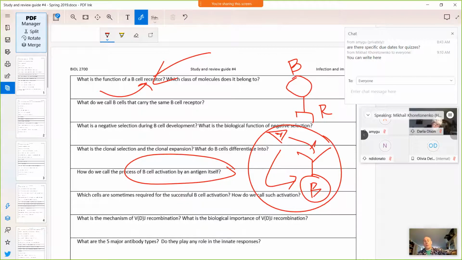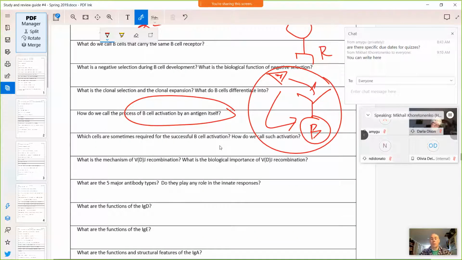VDJ recombination, it's somewhat hard to, well, you have a huge number of antigens, so to have a significant variety of B cell and T cell receptors, what happens is you have basically 4 construction parts, V, D, J, and C parts, okay?